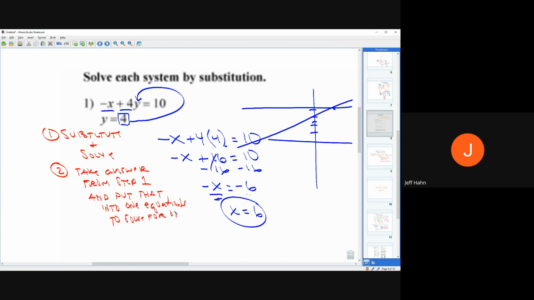You will see when we do the next one. In this case, I didn't have to because I already knew what y is. Y equals 4. So you write this out as the point (6, 4). That is your answer.